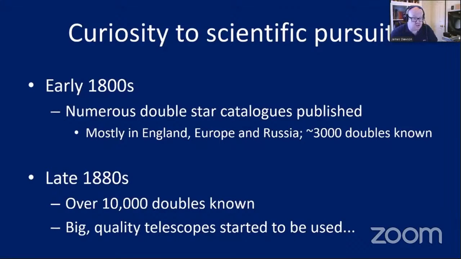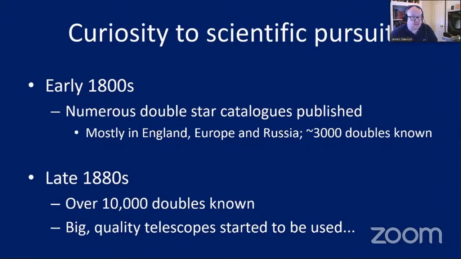By the early 1800s, there had been several catalogues produced of double stars. At this stage, still unclear if they were binary doubles or optical pairs, and about 3,000 doubles were known.